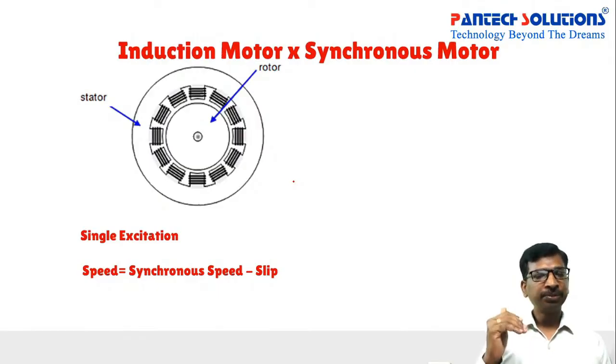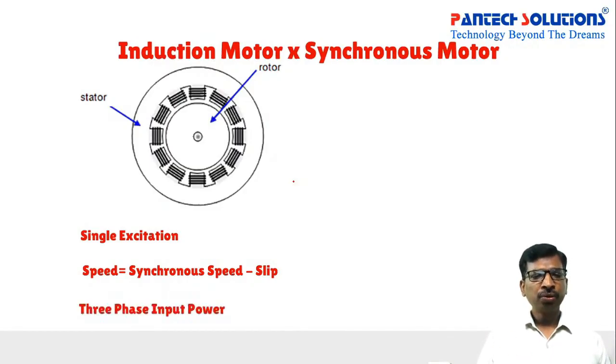There will be some slip, so there will be some lag. That's why we call this an asynchronous motor or induction motor. Due to this single excitation, we call it a single excitation motor, because only one supply is applied to this motor, right?